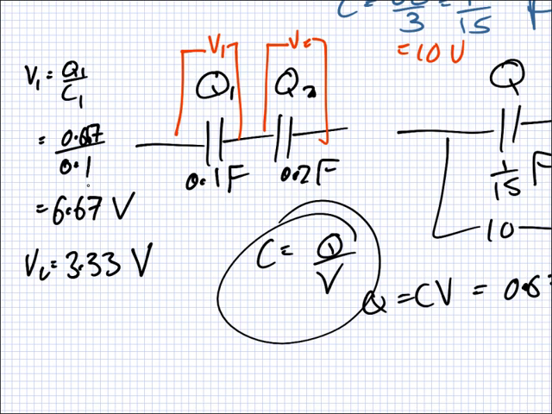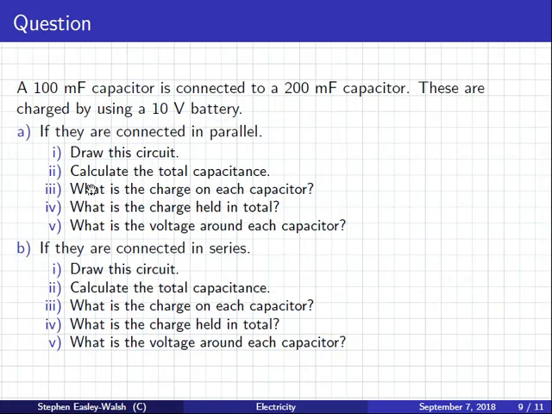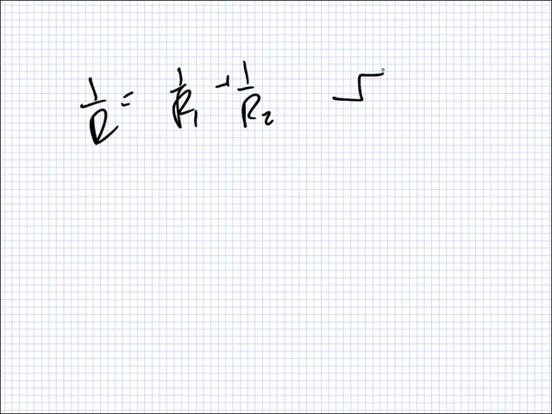Okay, you wrote that down? You have what you need? So it's like the resistors last week, isn't it? Last week we had 1 over R equals 1 over R1 plus 1 over R2, but that is when they were like this.